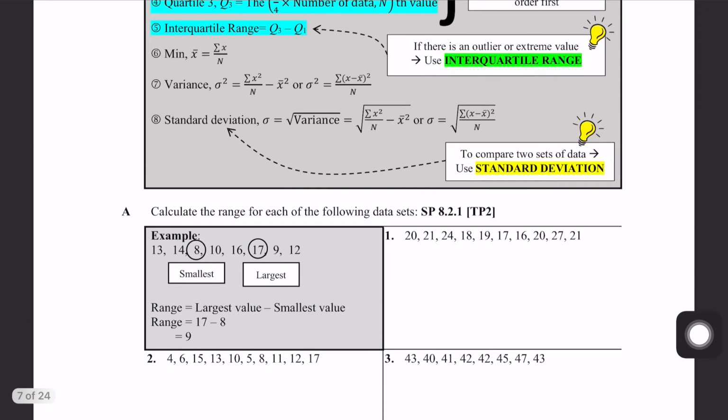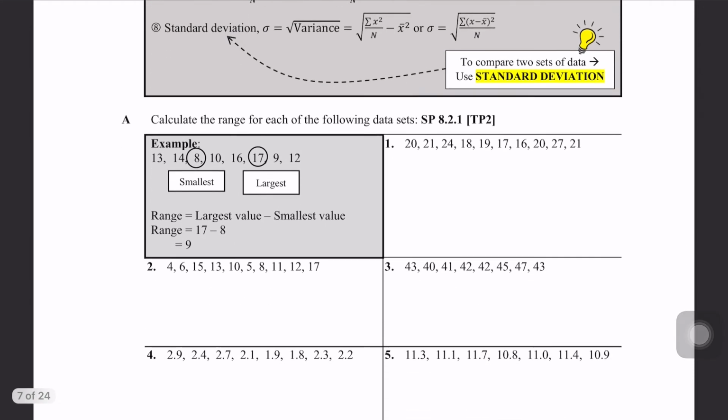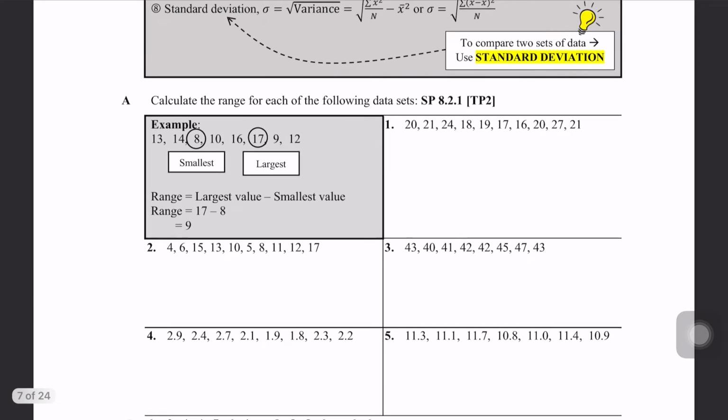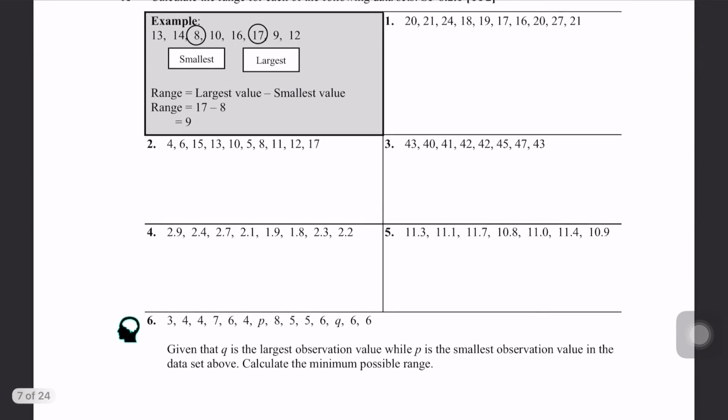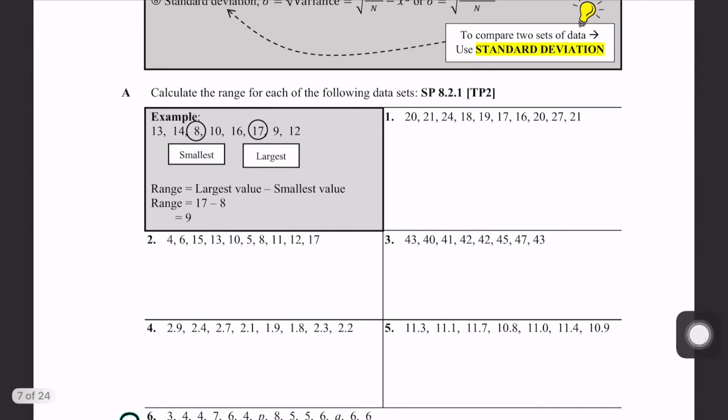Okay, so let's do the first one. So number 1, kita ada set of data 20, 21, 24, 18 dan sebagainya. So calculate the range. Range, largest minus smallest.